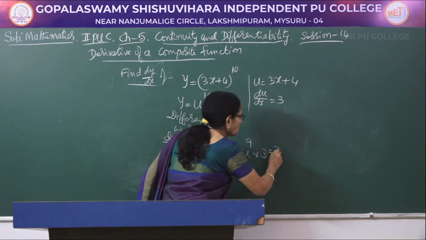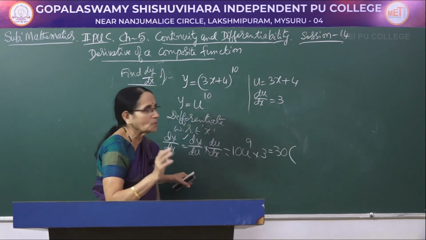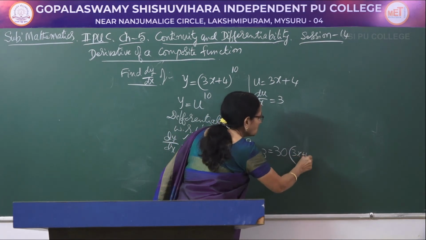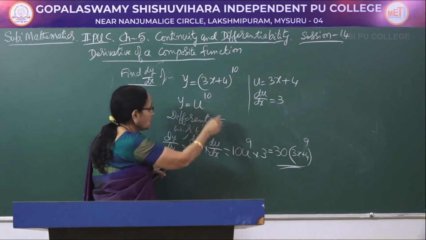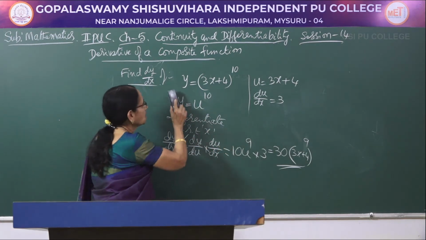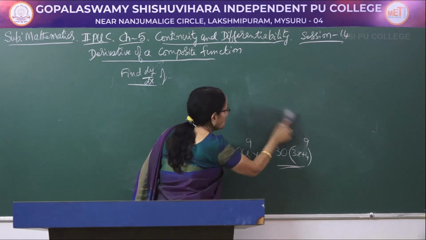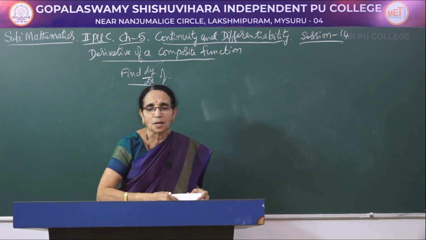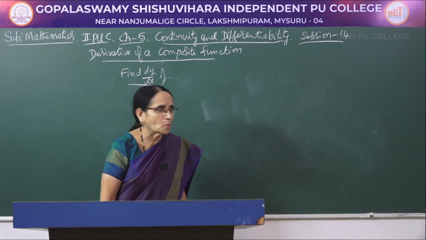Now, 10 into 3, 30, but do not write the answer in terms of u because it is not given in the problem. Therefore, you write it as 30 into 3x plus 4 to the power 9. I told you from here to here directly you can write the answer. Showing the substitution is only so that you can understand the procedure adopted in this particular problem.